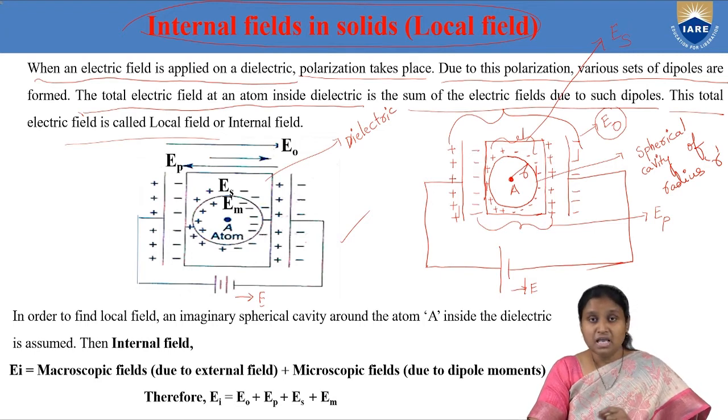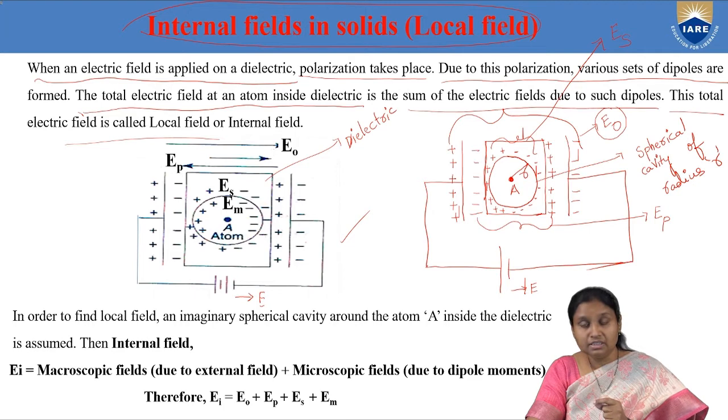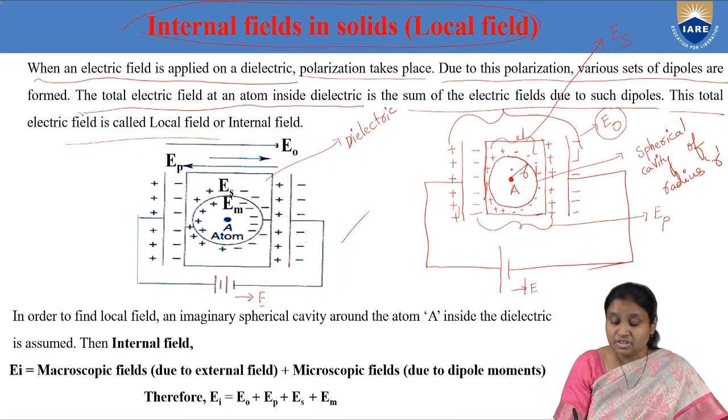Then, as we said, this sphere is made up of many atoms and molecules, and because of this external electric field, each atom or molecule will be in the state of polarization, or in the state of a dipole.